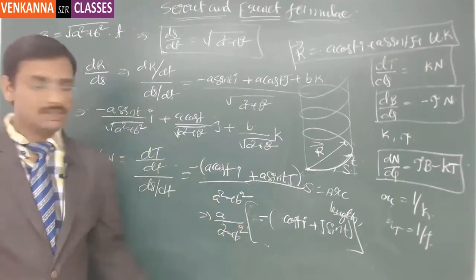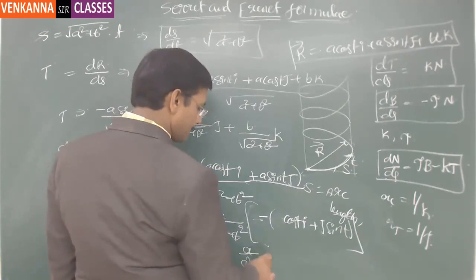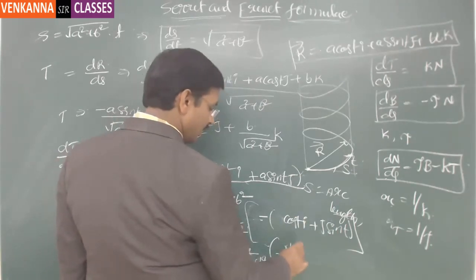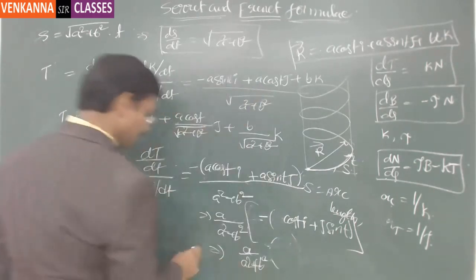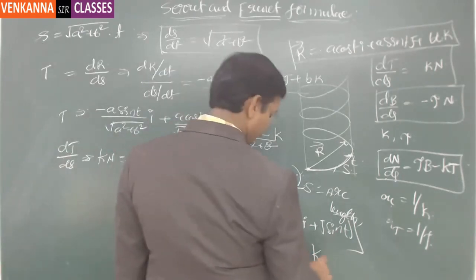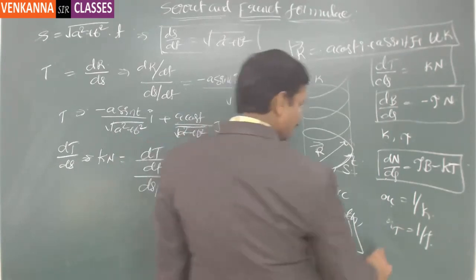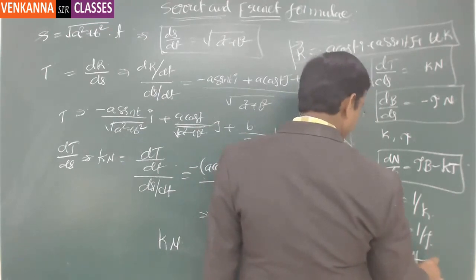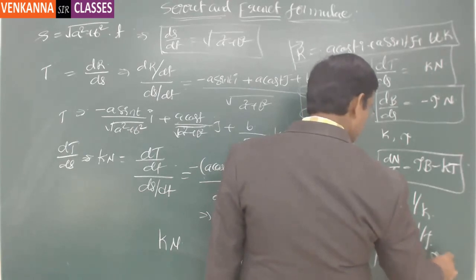Now this value is nothing but the n vector. Got it? I call this k times n, where k is equal to a by a square plus b square, and n is equal to minus cos t i minus sin t j.